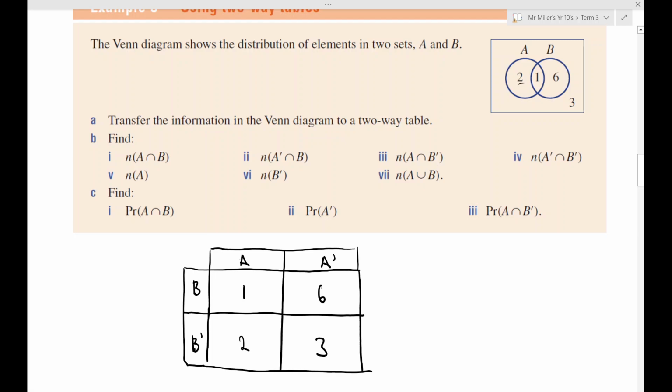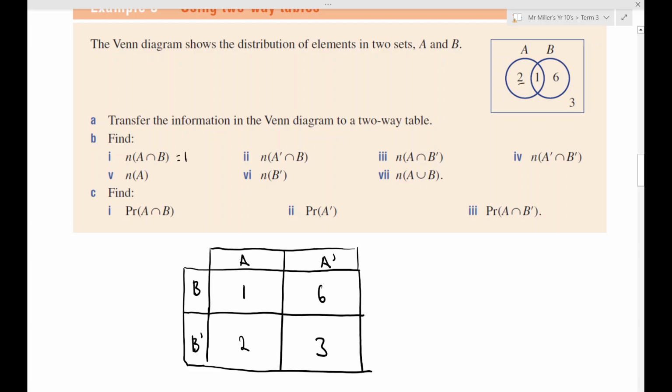Okay, so now find the number of A intersect B. So this N here, this is saying the number of elements in this event. Okay, so if we're talking about A intersect B, that's A and B, is going to be 1, right?